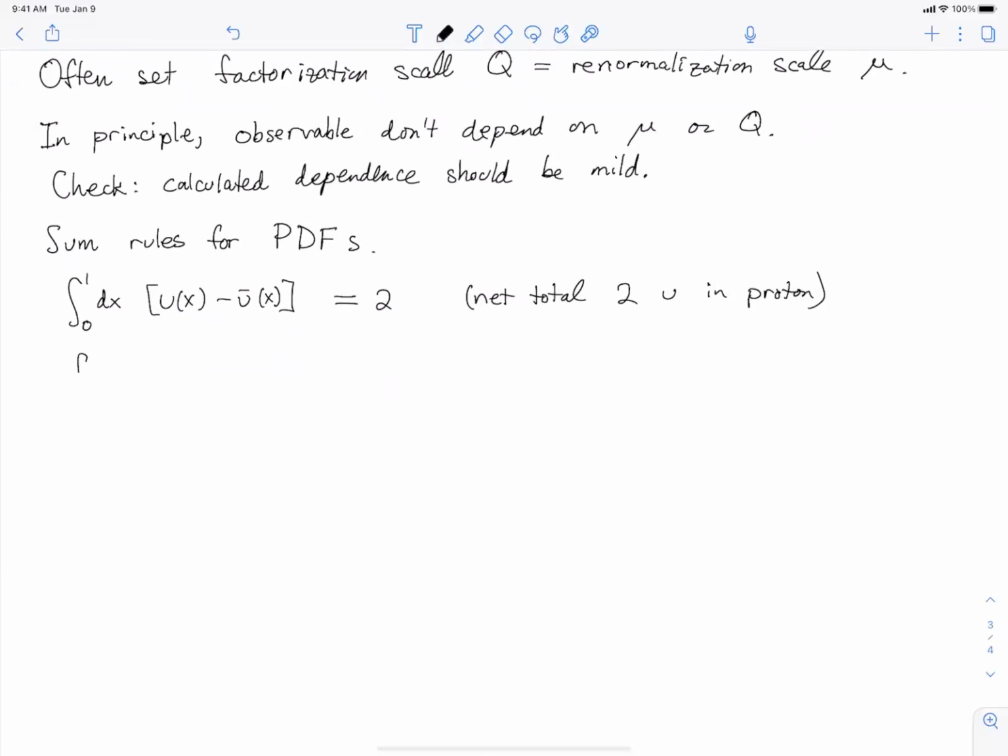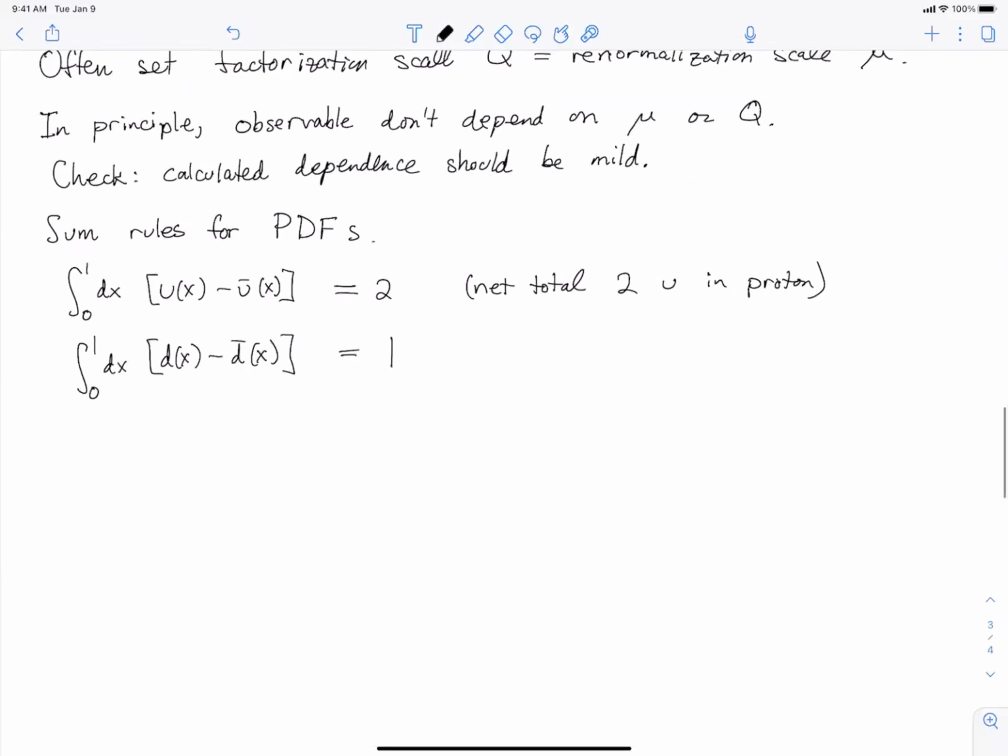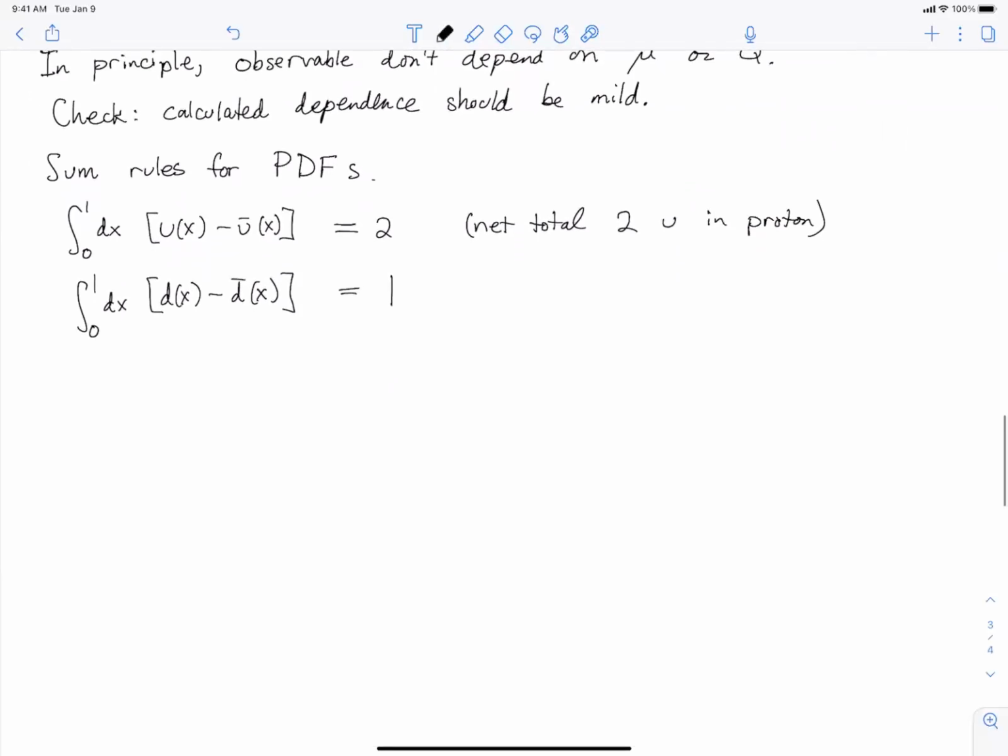By the same reasoning, if I do the same thing for down quark PDFs and anti-down, that should be 1, for the proton. Similarly, if I do it for the strange quark PDF minus the anti-strange, that's 0.